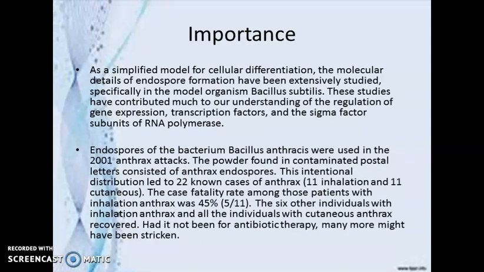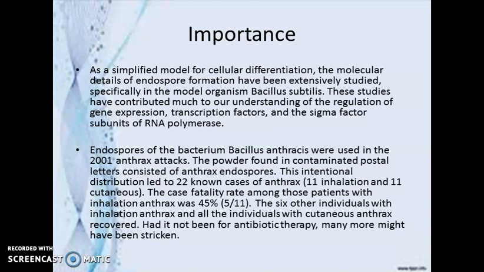Next is the importance of the endospores. As a simplified model for cell differentiation, the molecular details of endospore formation have been extensively studied, specifically in the model organism Bacillus subtilis. We usually select this organism. The studies have contributed much to our understanding of the regulation of gene expression, transcription factors and sigma factors, the subunit of RNA polymerase.